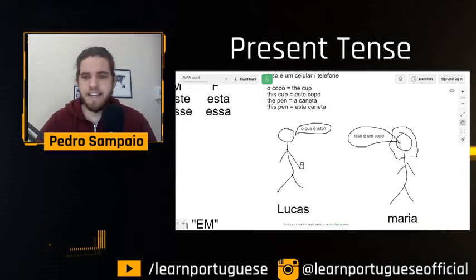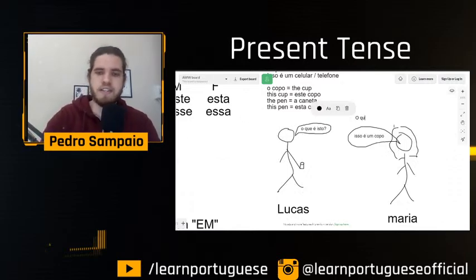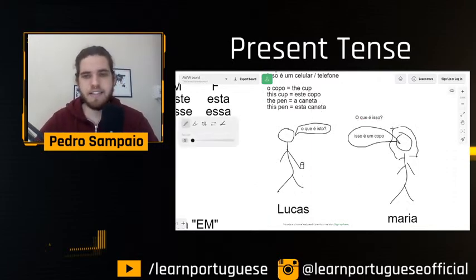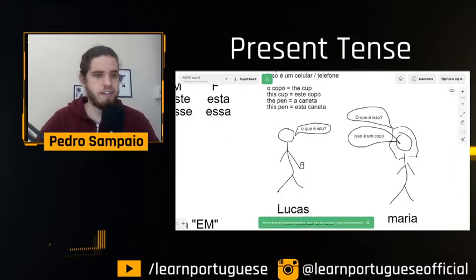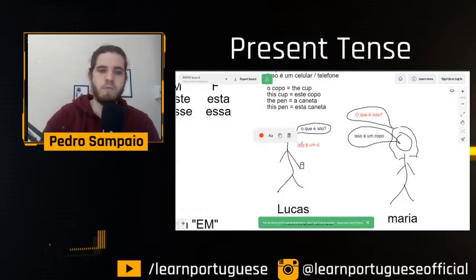Let's say if Maria wants to ask the same question, she would use isso. So let's say she's asking a question, so she would say, "O que é isso?" Because now the cup is not next to her, but it's next to Lucas, rather. Let me change the color of this, I don't want you guys to get confused. This is in red. And the answer, Lucas would say, "Isto é copo."